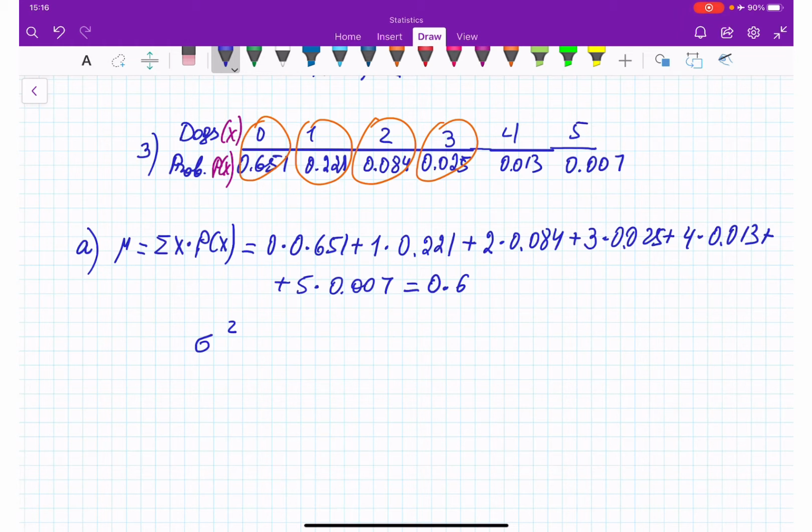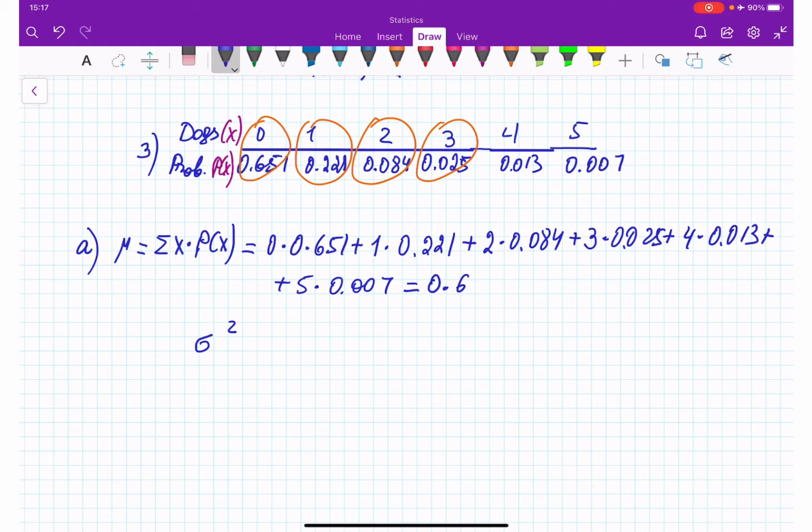Variance for the discrete probability distribution. All you have to do there is place the values of x and probability of x. There are three frames, where the first one is the name of the random variable. You don't need it, it's optional. All you have to do is place the values of x. In the second frame window, you are going to place probability of x, which you have everything here.